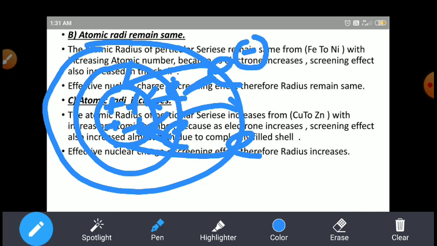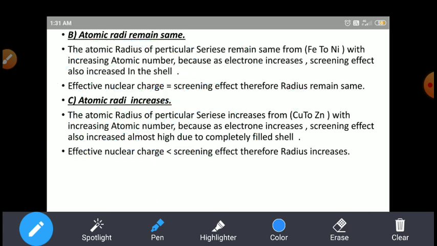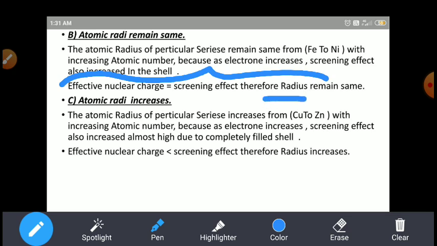Whatever amount of attraction is present between the outer shell and the nucleus, the same amount of repulsion is experienced by the outer shell from the inner shell. So the amount of attraction is equal to the amount of repulsion here. We consider the effective nuclear charge and screening effect both neutral. That's why the atomic radii remain the same.